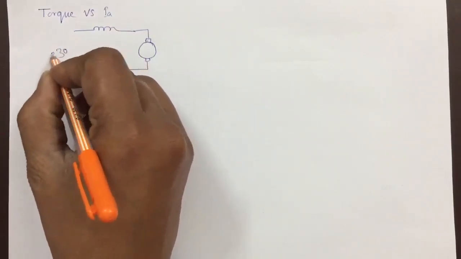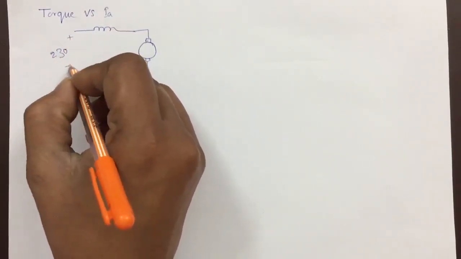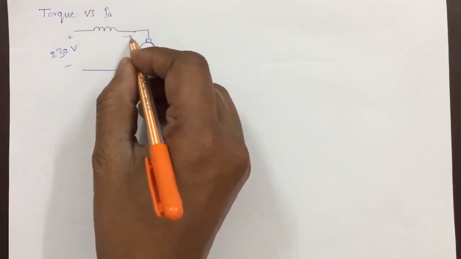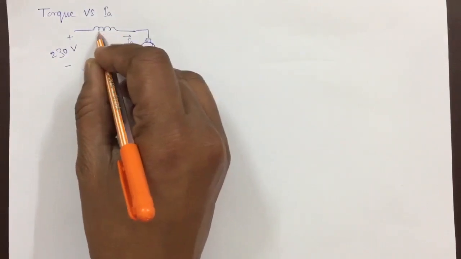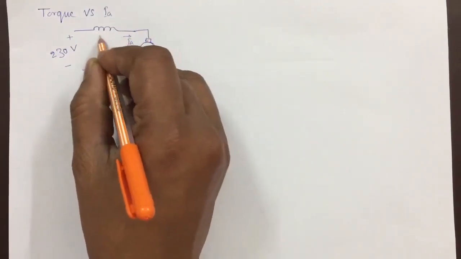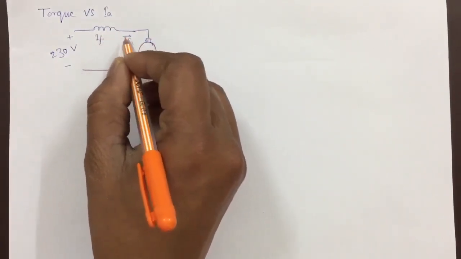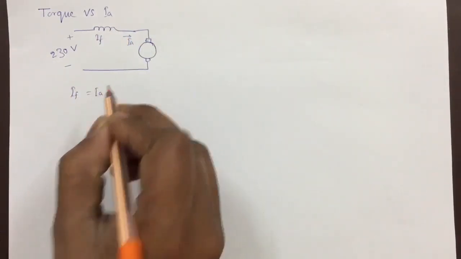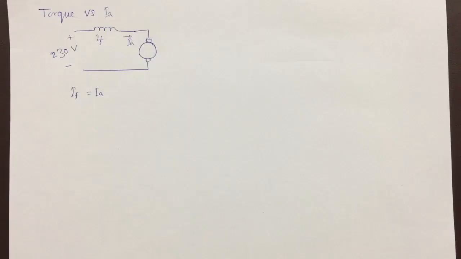We are giving 230 volt DC from here, and then IA will flow through the armature and the same current is flowing through the field. So from here we find that IF and IA are equal.